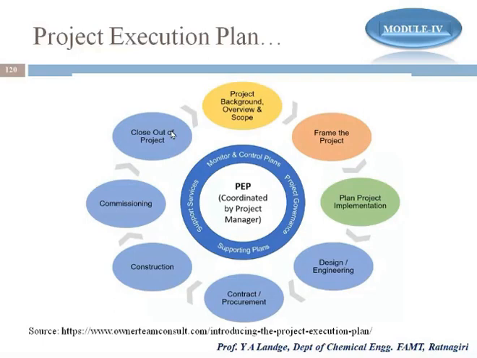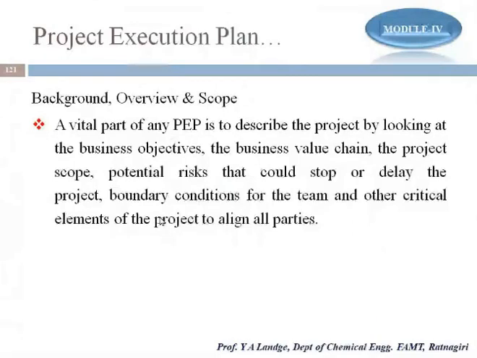Now, the background and overview of the scope. The vital part of any PEP is to describe the project by looking at the business objective, value chain, scope, potential risks that could be a stop or a delay, the boundary conditions for the team, and the critical elements of the project.